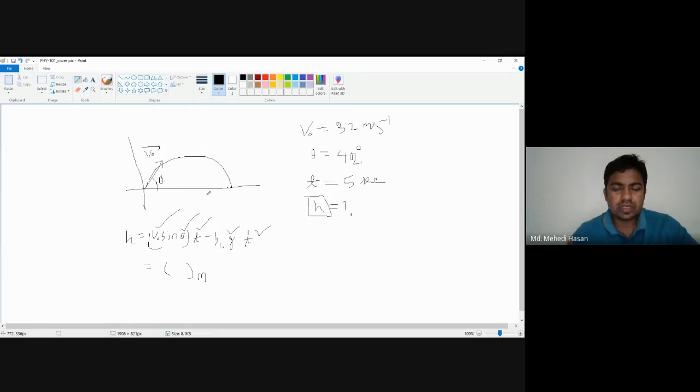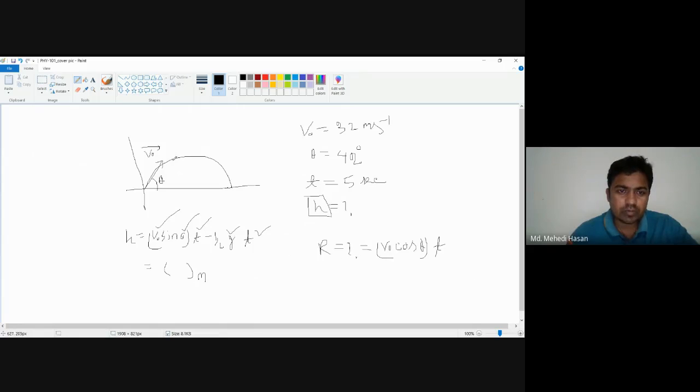Now if the question is to find the horizontal range, r equal to what? The equation is v naught cos theta into t. Here v naught and theta are given, but we have to calculate the time t. This t and the earlier t are not the same. If you put t equal to 5 seconds, you will get the range at 5 seconds.